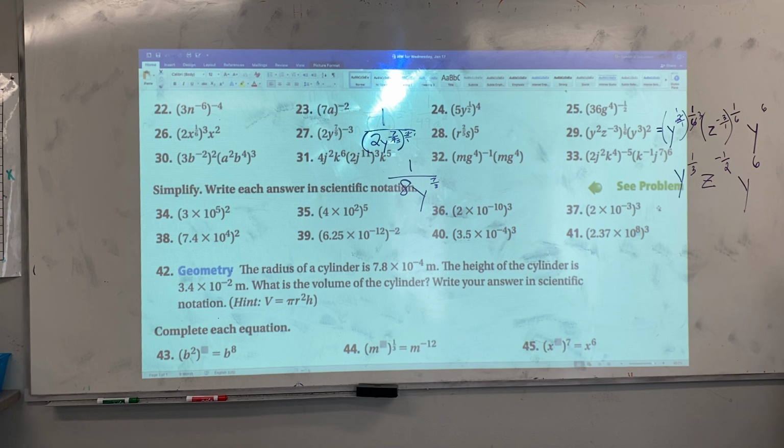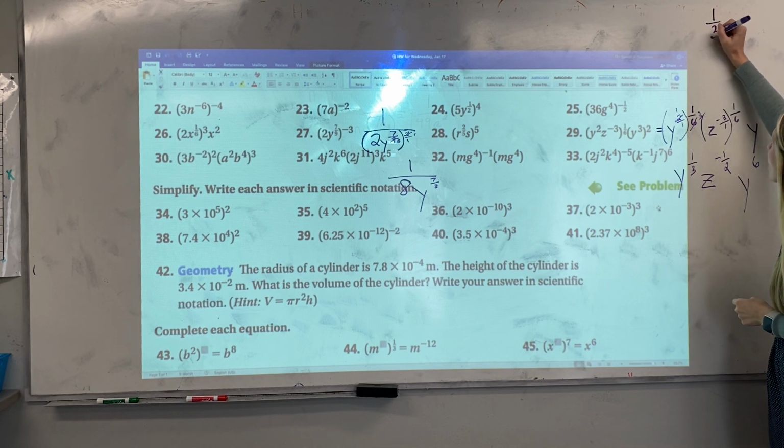And then we have our y to the 6th. There are two things we need to take care of. What's one of them? Same bases? Yep, same bases. What do we do with the exponents? Add them, very good. So same bases that are being multiplied, we add our exponents. So we have a 1/3 and a 6.